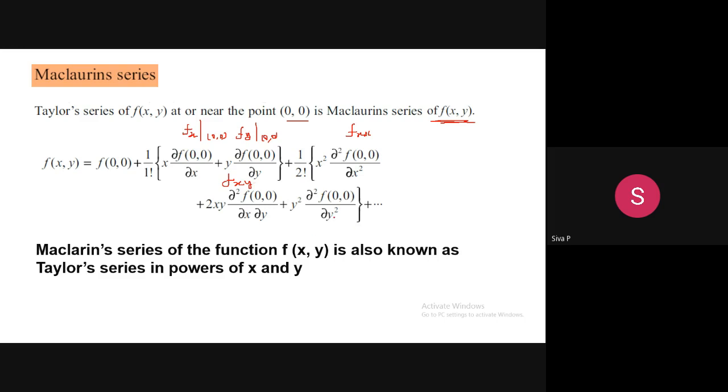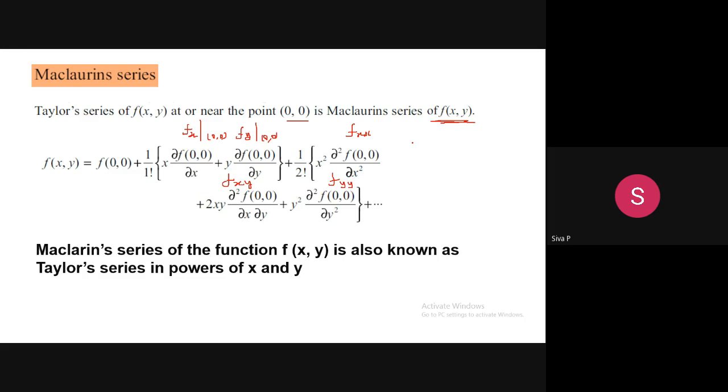Similarly, dou square f by dou y square is f y y. Okay, so these are the notations. In case I want to write the third order, how many third orders are there? 4 third orders are there. What are the third orders? In the last class I have written.